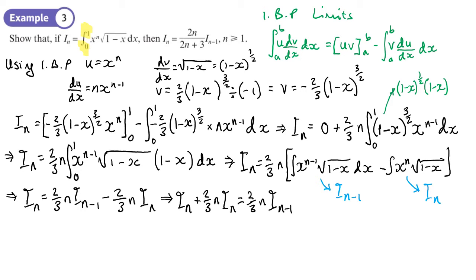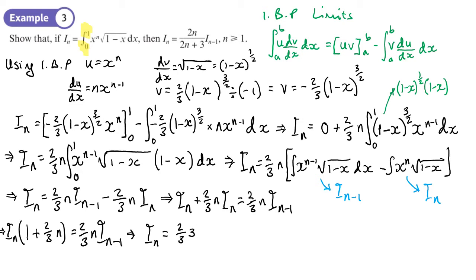We'll factorise the left hand side, so we'll get I sub n times (1 plus 2/3 n) equals 2/3 n I sub n minus 1.